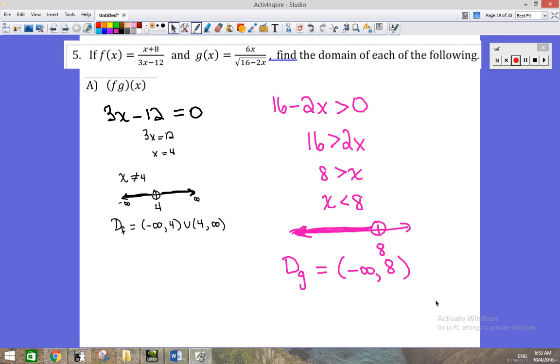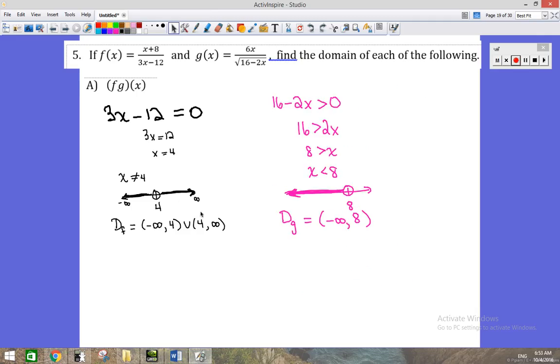Now, to find the intersection, we have to describe the numbers that are in this set and that are in this set. So a convenient way to do that is to draw a picture of 3 number lines. Let's include 4 and 8, the numbers of interest, in each number line.